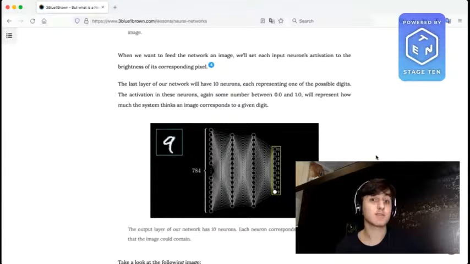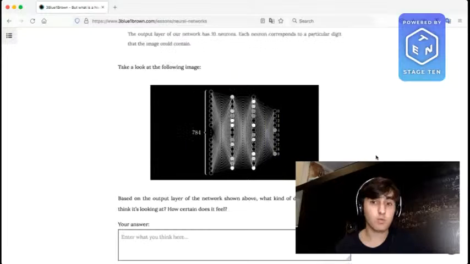Right, so what we saw from the first example in this lesson was that when we drew a 7, at the end of the neural network, the 7 neuron lit up, and that was its prediction. So take a look at the following image. Based on the output layer of the network shown above, what kind of digit does this network think it's looking at? How certain does it feel? Well, we see that it's somewhat 4, somewhat 9. So I think it's pretty confused, to be honest.